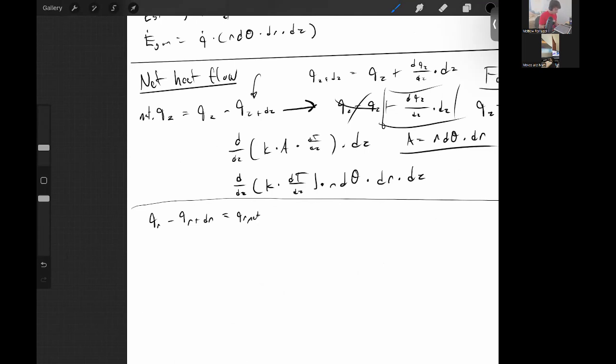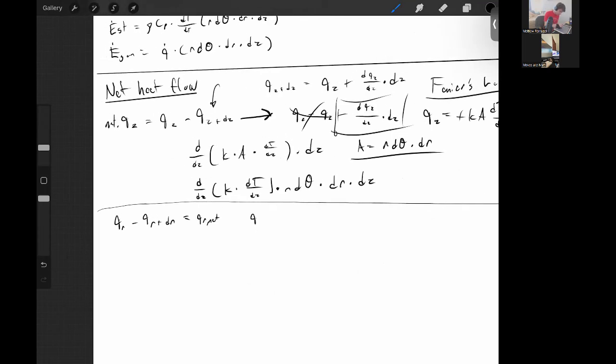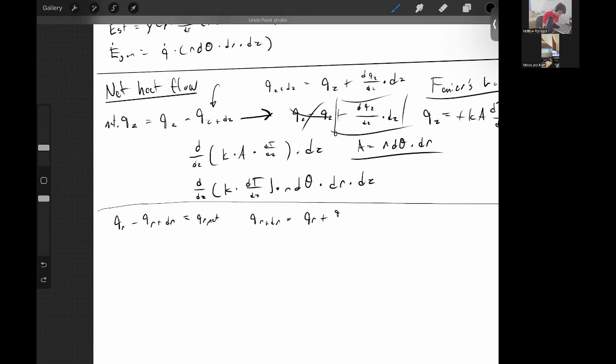So we're just going to do the same thing that we did for Q of z over here. We're going to say that Q of r plus dr equals Q of r plus our sensitivity, dQ of r over dr multiplied by dr, right?